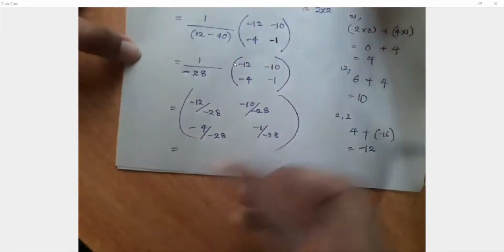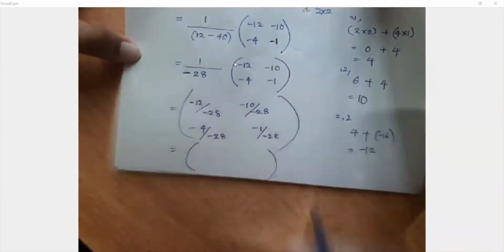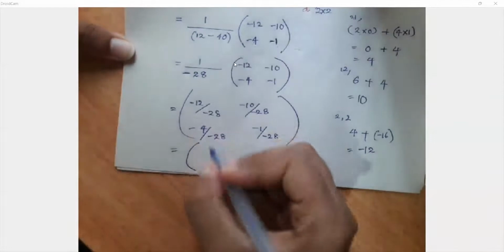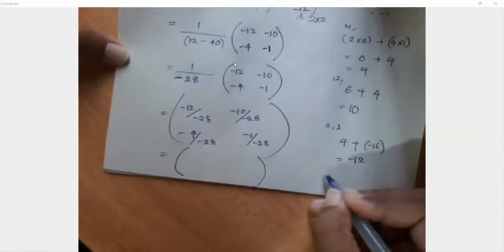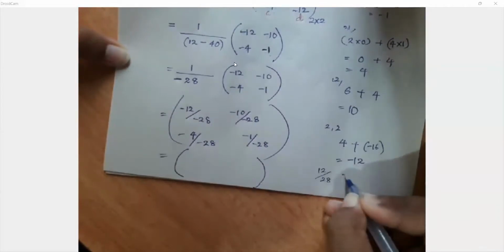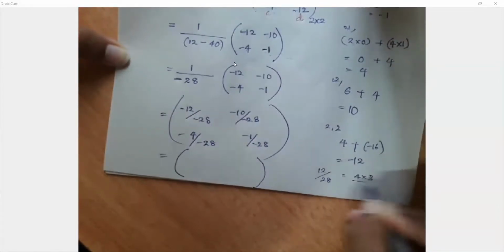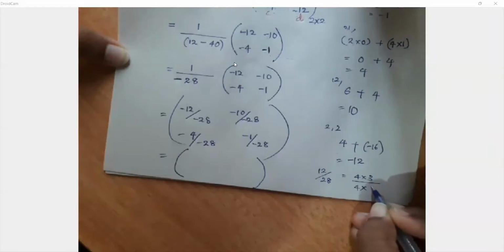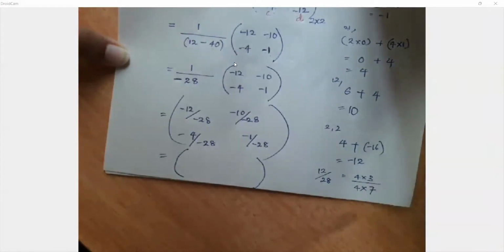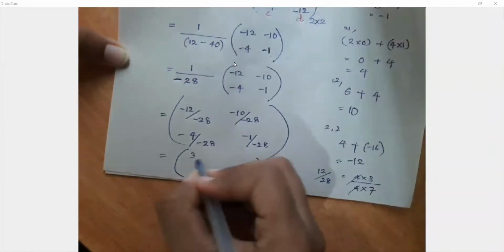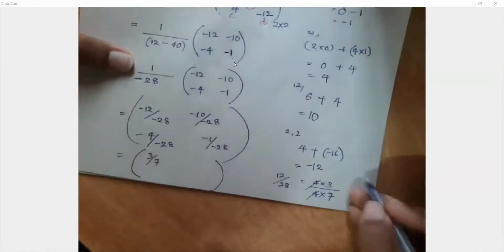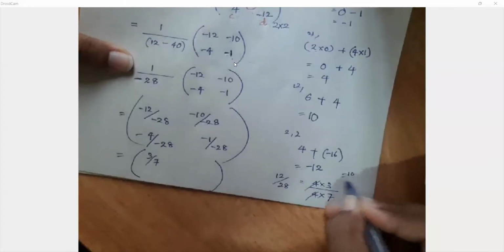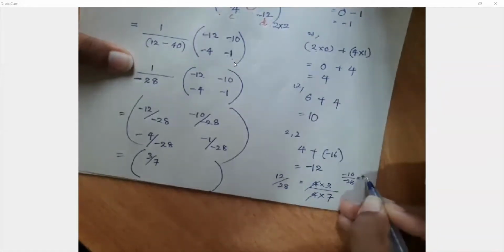I shall simplify that one further because we have to check with the other side. Minus divided by minus means plus. 12 over 28 means 4 into 3 over 4 into 7, which is 3 over 7. Again, minus 10 over minus 28, plus.